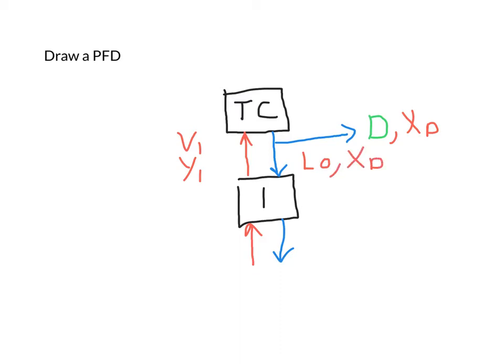And actually, the vapor coming into the condenser has to have the same composition as the distillate, because no composition change occurs as the condenser changes all the vapor to liquid. We also don't know the temperature of the condenser, so we'll have to calculate that. I'll call that T sub C for condenser.